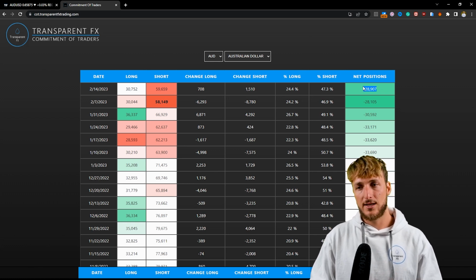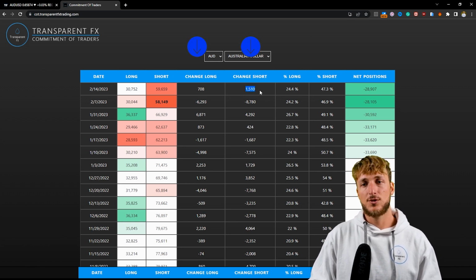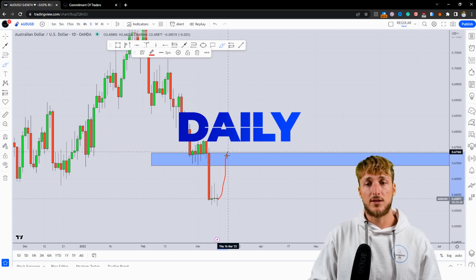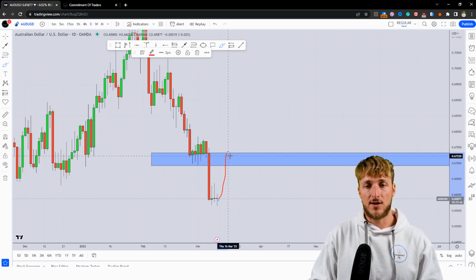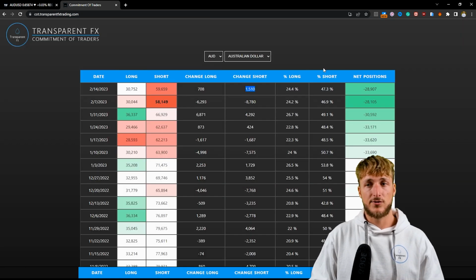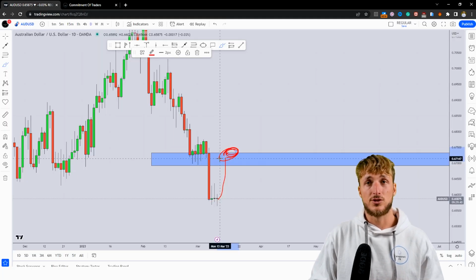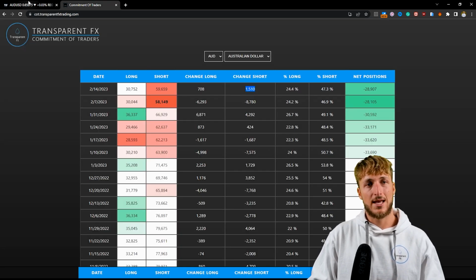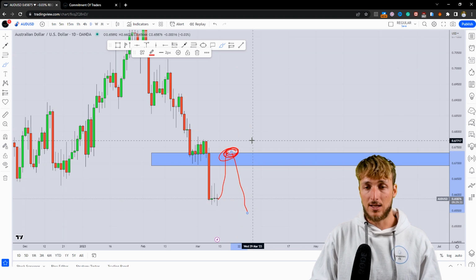However, as we're getting this increase of the net positions, with the last report, we still see 1,500 shorts getting added. So even though it seems like there's a good probability to see some bullish price action getting developed, this could just be another area inside of which the increase of the net positions stops and institutions continue to add even more shorts, as it has already happened with the last report.